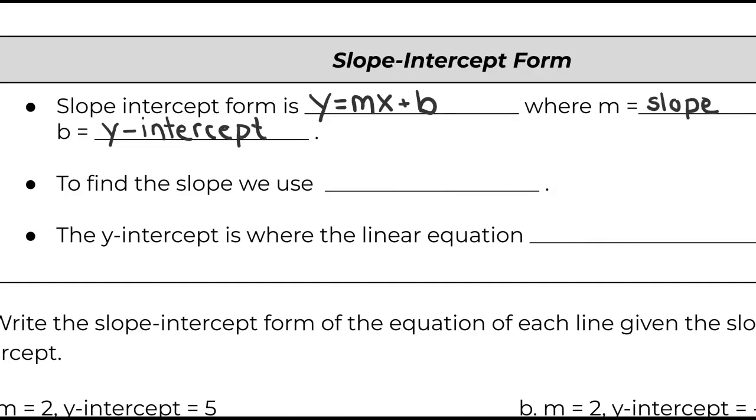We can use a bunch of different things to find slope. We always described it as rise over run, rise divided by your run, which is another way of saying your change in y divided by your change in x.